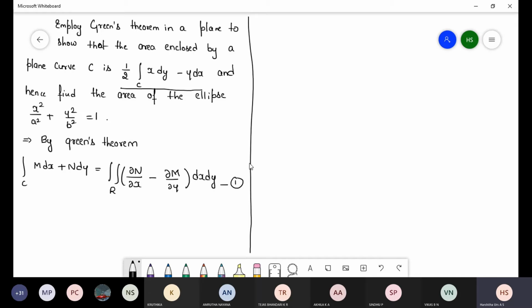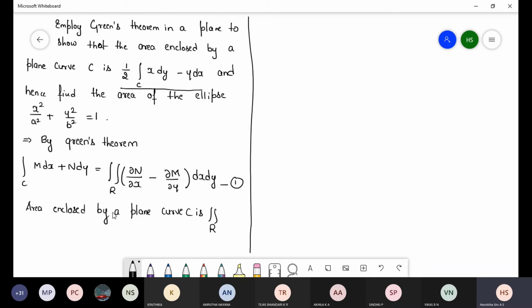So again, here they have already mentioned the area enclosed by a plane curve. Mention that area enclosed by a plane curve is this. Already we have studied in the first semester the area, volume, double and triple integration, applications of area, volume and the surface.